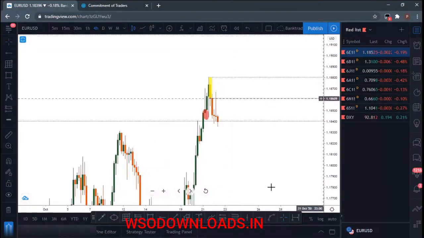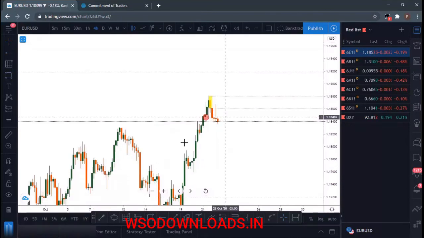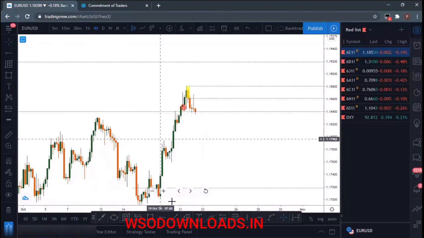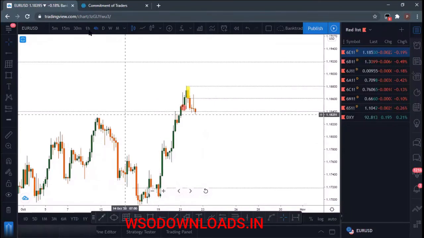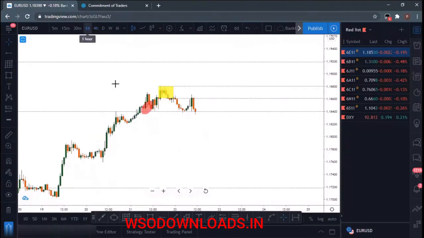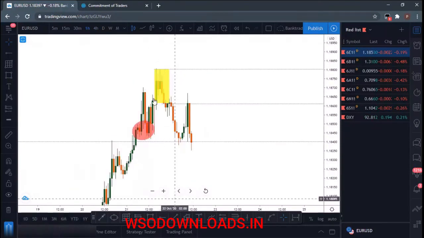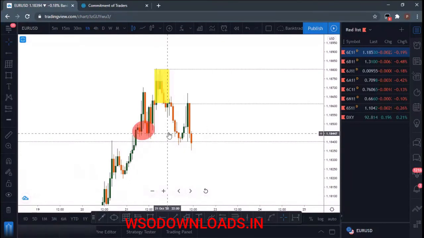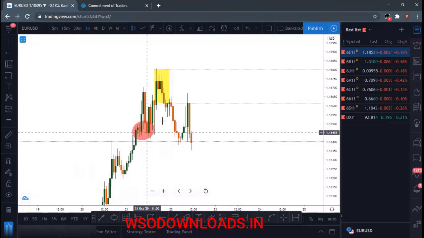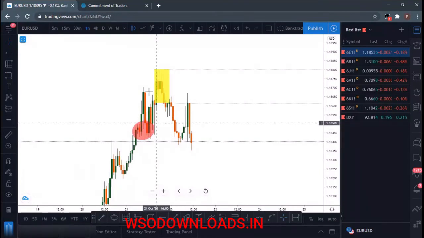Okay, if you're not on a trade here, let me open the hourly traditional ways. The hourly last demand will be here, which is what was taken out, and then the area is up here.